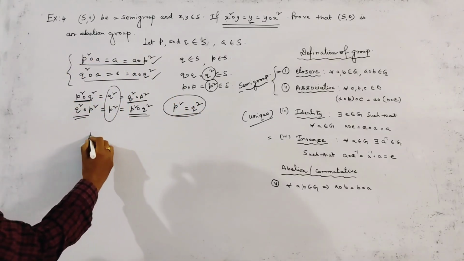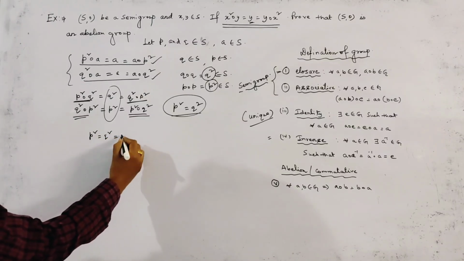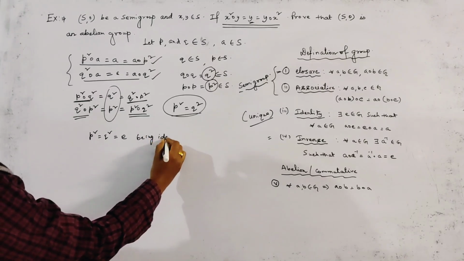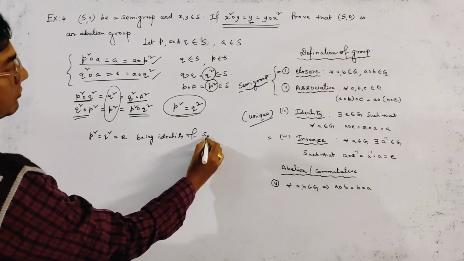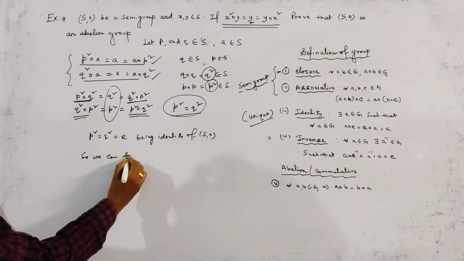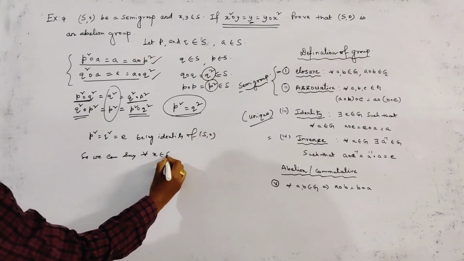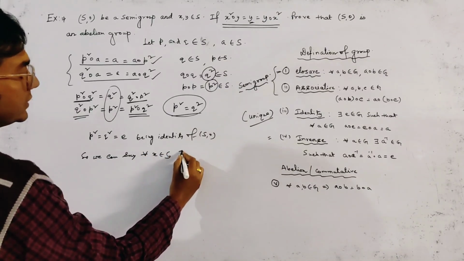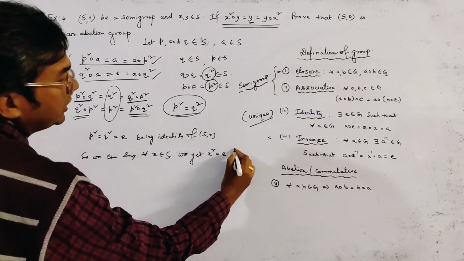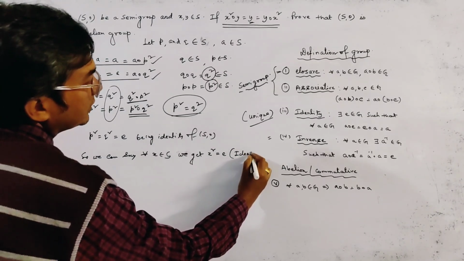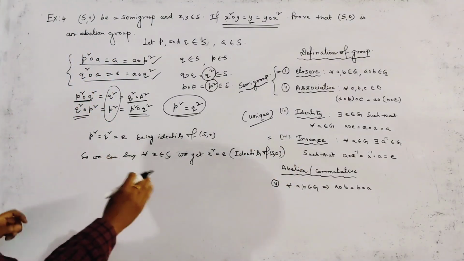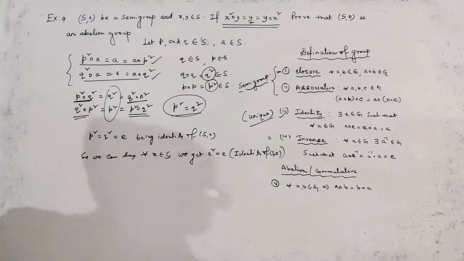So we say that p² equals q², and we write it as e, being the identity of (S, ∘). So we can say for all x belonging to S, we get x² equals e, being the identity of (S, ∘). So the identity property holds, that is, the third property holds.